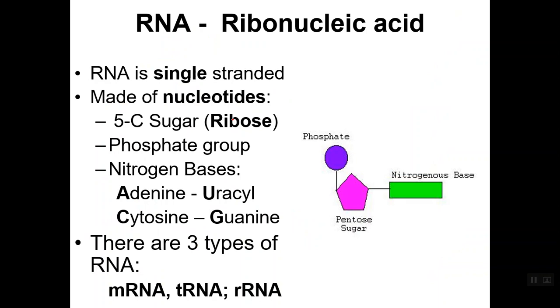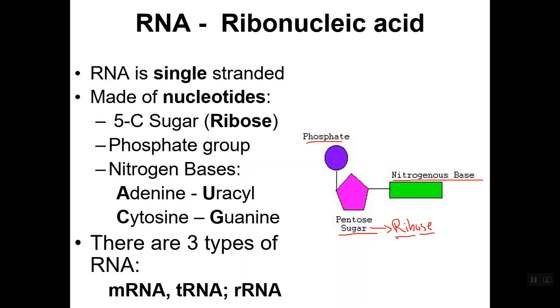So let's look at the nucleotides for RNA. It looks the exact same. You have a phosphate, you have a 5-carbon pentose sugar, you have a nitrogenous base, but again, the difference here is that the sugar is ribose, right?